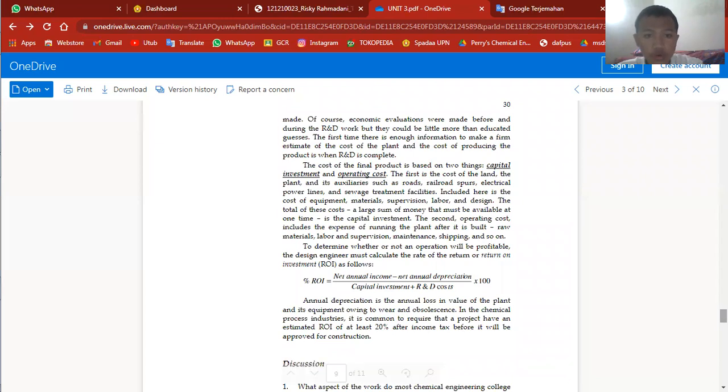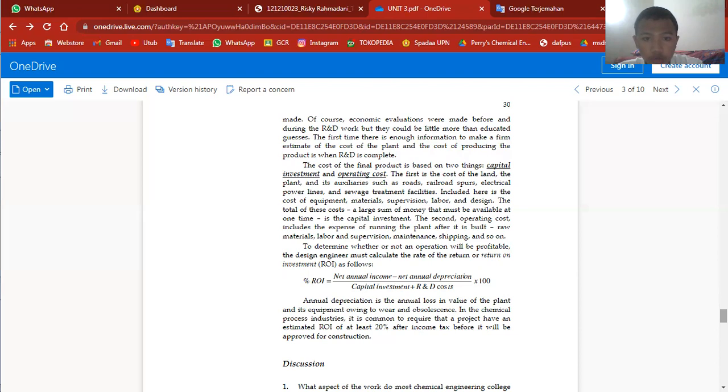Of course, economic evaluations were made before and during the R&D work, but they could be little more than educated guesses. The first time there is enough information to make a firm estimate of the cost of the plant and the cost of producing the product is when R&D is complete.